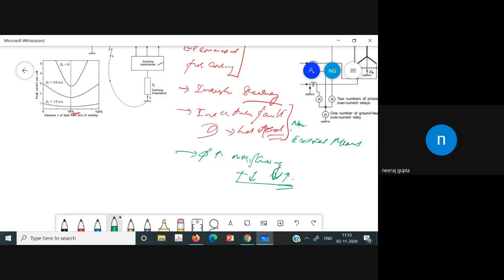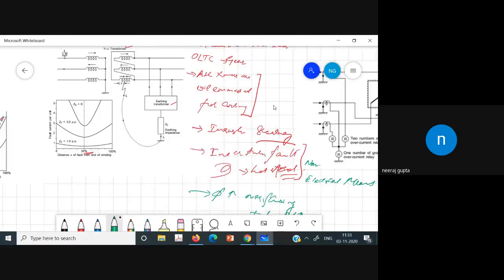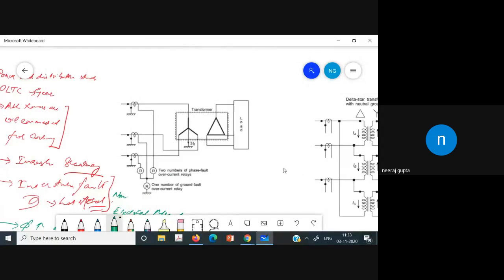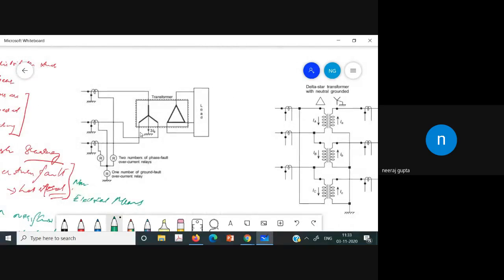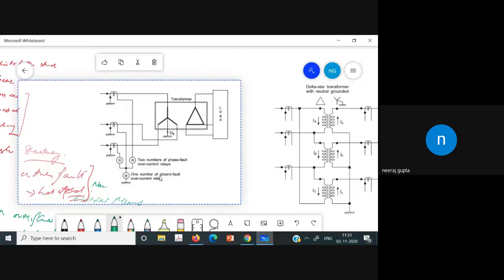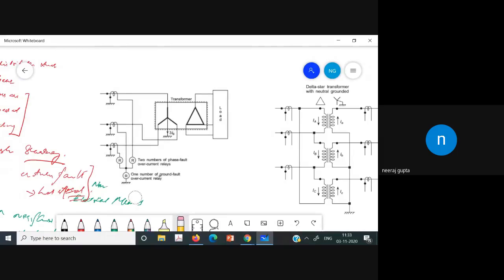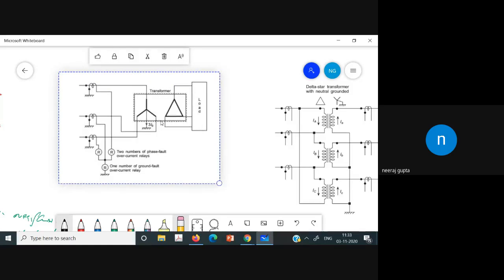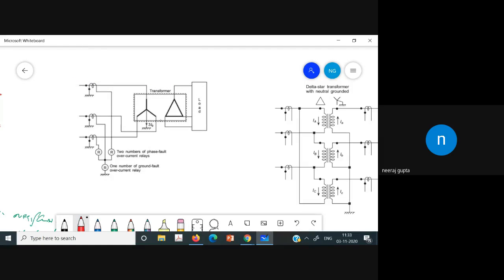First, we can discuss the overcurrent protection.